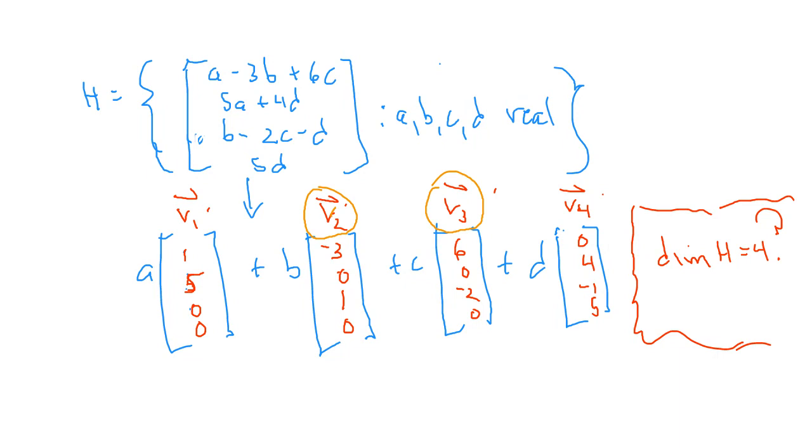Right, good, David. Good, Mikhail. The answer's no here because clearly V3 equals -2 times V2. So that means we have linear dependence in the four vectors.